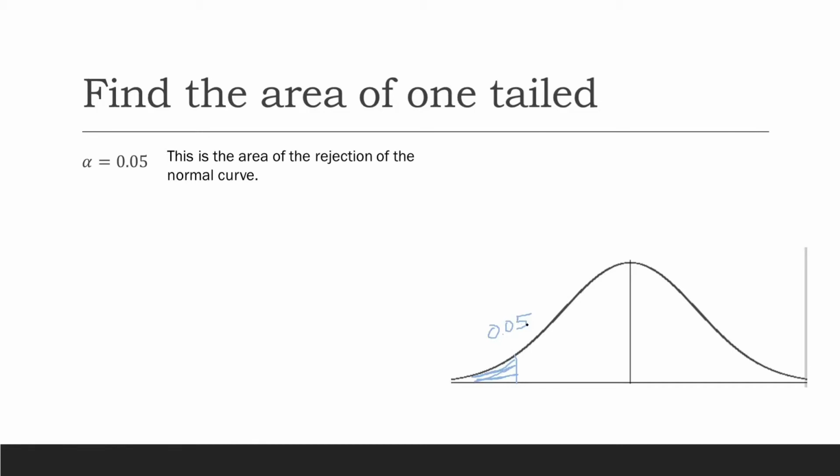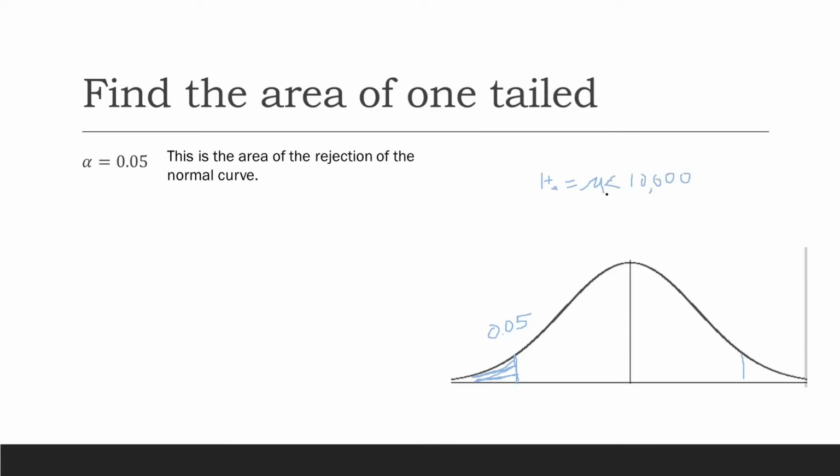Paano ninyo malalaman if dito ninyo siya ilalagay or dito sa part ng positive? So, kung natatandaan ninyo, yung alternative hypothesis natin, which is H sub A, is mean is less than 10,000.